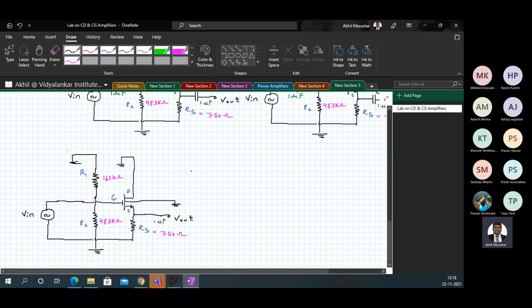Now if you see this circuit carefully, R1 and R2 are in parallel. So our circuit now becomes this way.